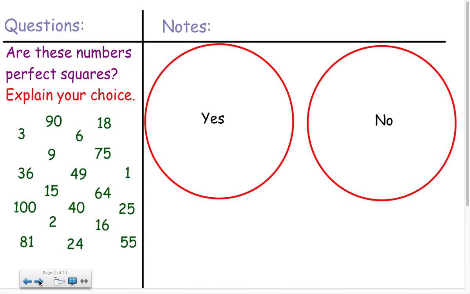Are these numbers perfect squares? Explain your choice. So we're going to go through each one of these numbers and say, is there a number that I can times by itself to get each number?